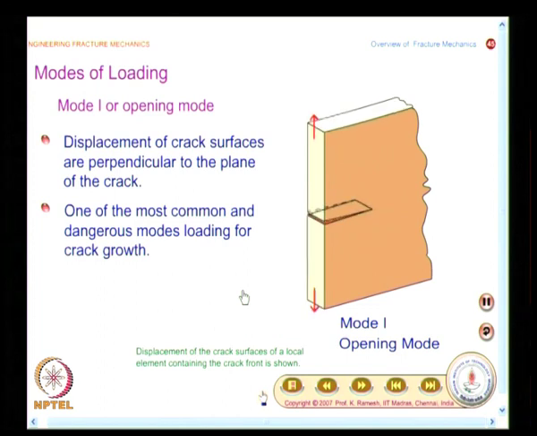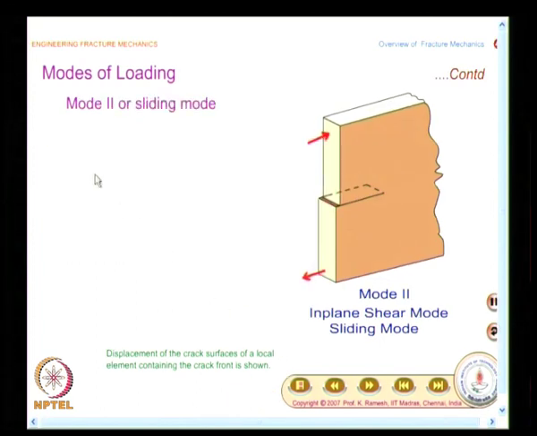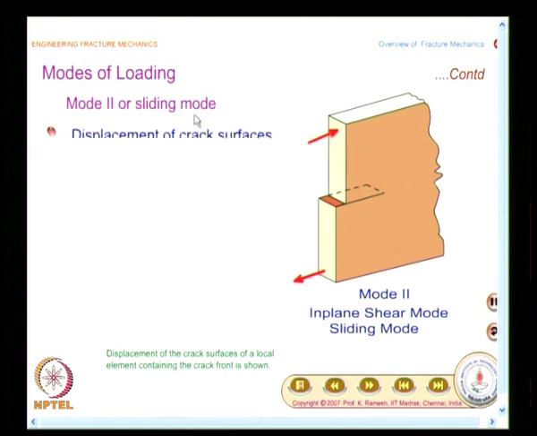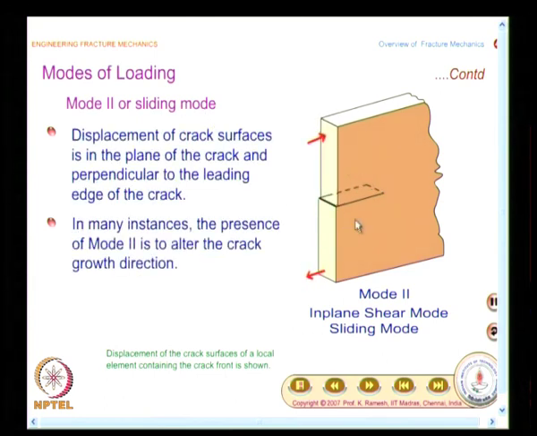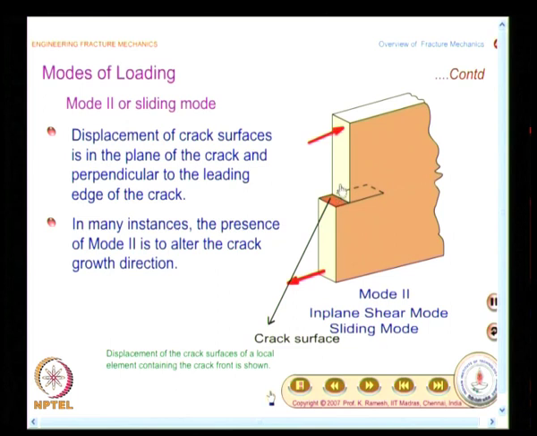Then we move on to mode 2, which is also known as the sliding mode. You can see in this animation, this is the crack and the crack surface slides. There is a sliding in the plane, and you call this the in-plane shear mode or sliding mode.